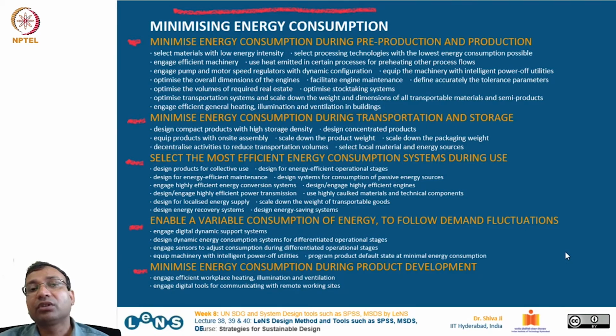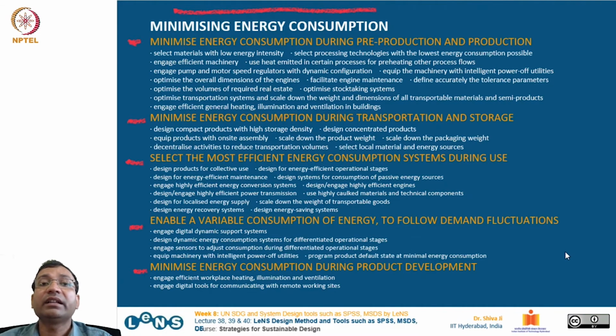Further, what are the strategies we can consider while thinking about minimizing energy consumption? There are 5 strategies given over here. We will discuss them one by one. Minimize energy consumption during pre-production and production stages. What are the finer strategies which can be adopted for this? Select materials with low energy intensity, of course.